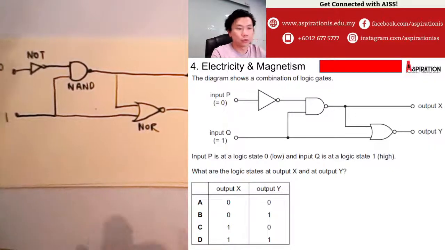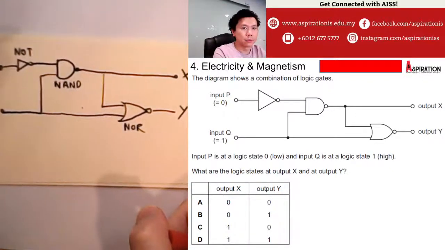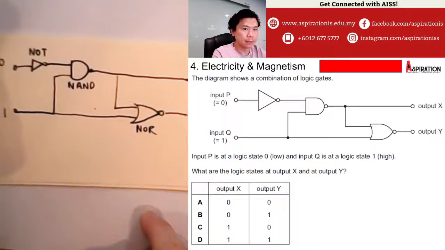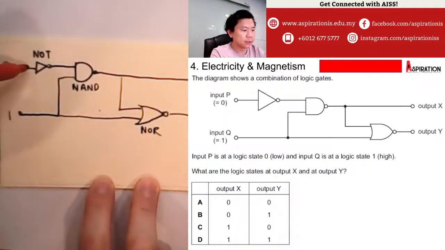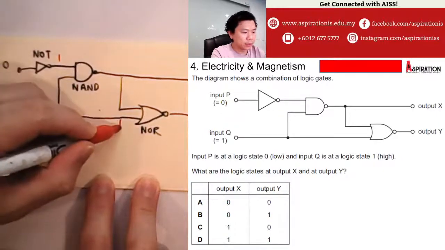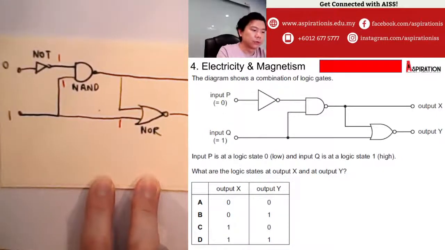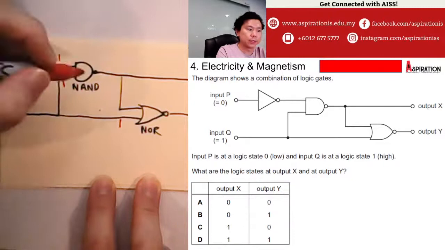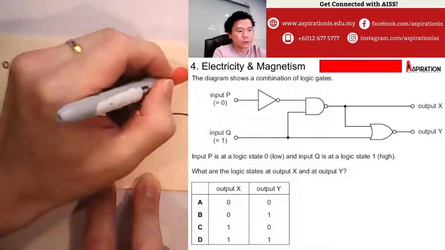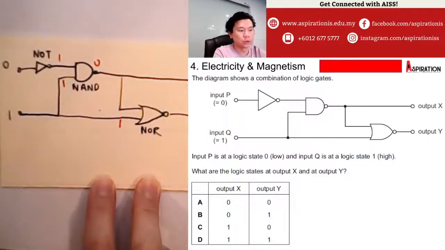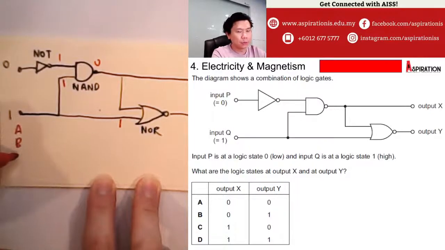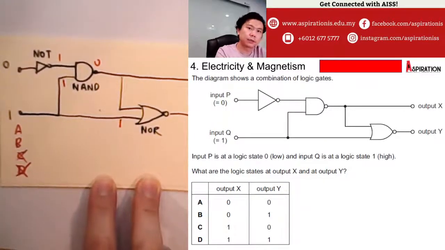So for those who are not so sure, I'm going to demonstrate step by step, yeah. So this is 0, so this is 1. This is 1, here is 1, and here is 1, right? So 1 and 1 is a 0. So x will be a 0. So immediately you know that the answer is A or B, correct?